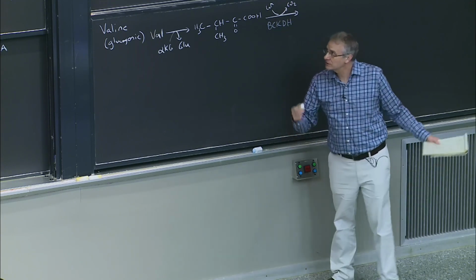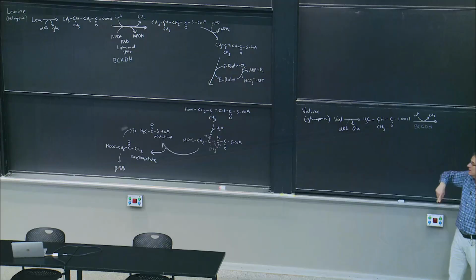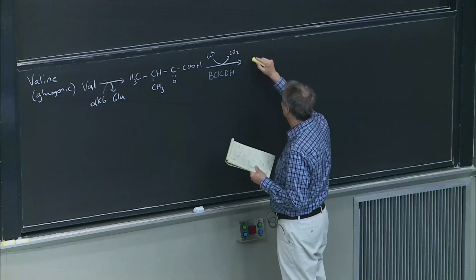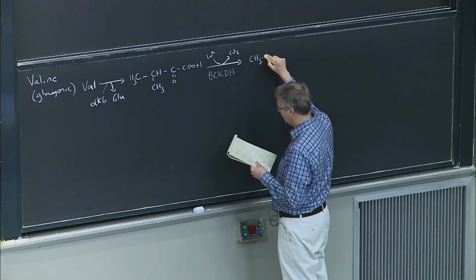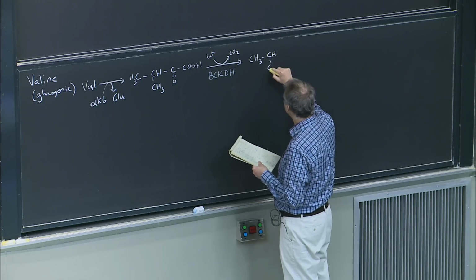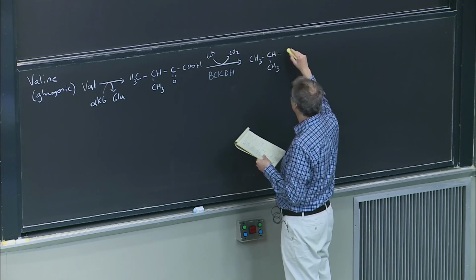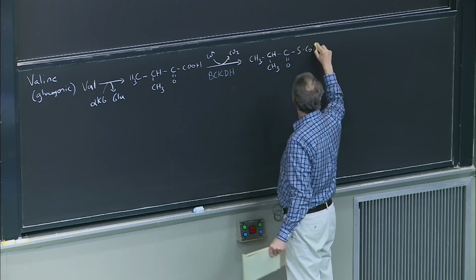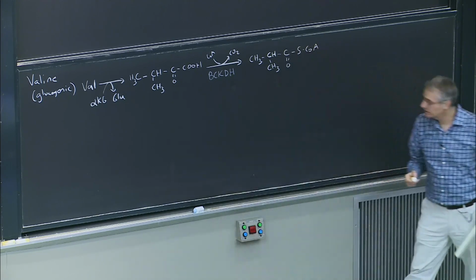The reaction also involves NAD plus to NADH, requires lipoic acid, TPP, FAD, just like what we described before. I'm not going to draw out all the pieces of it again, but we're going to end up with the branched chain acyl-CoA.